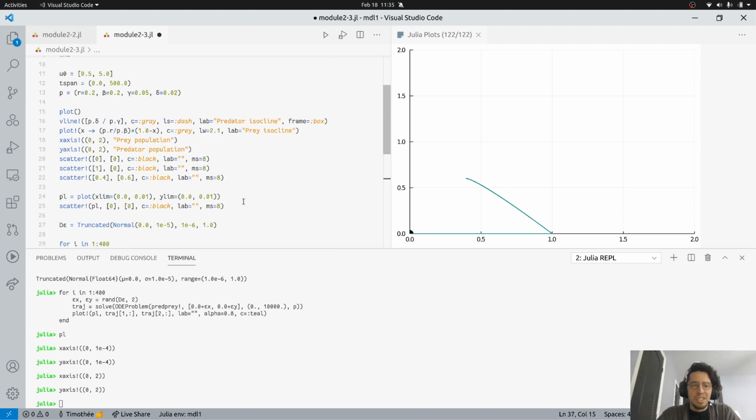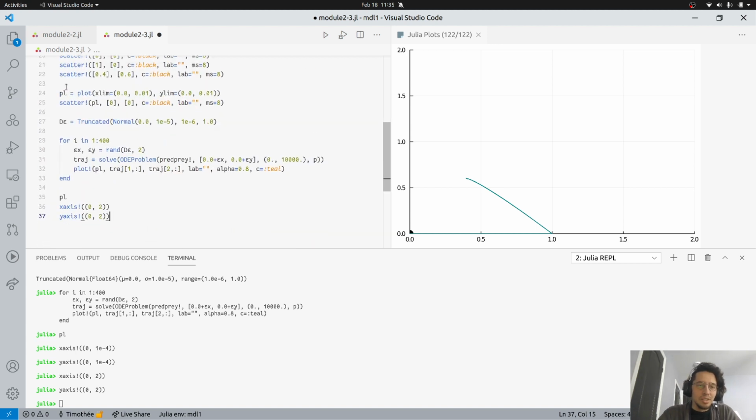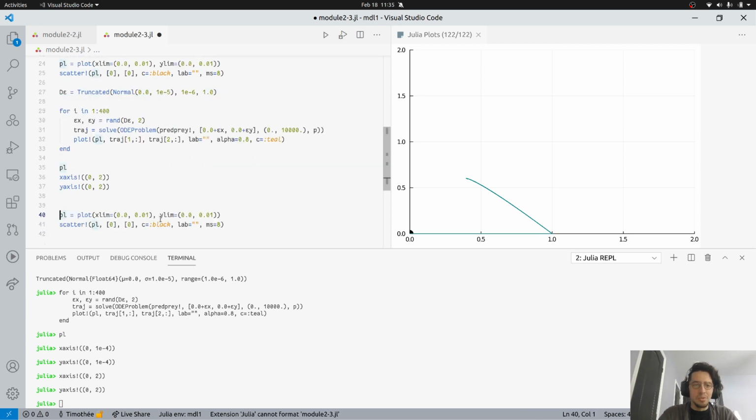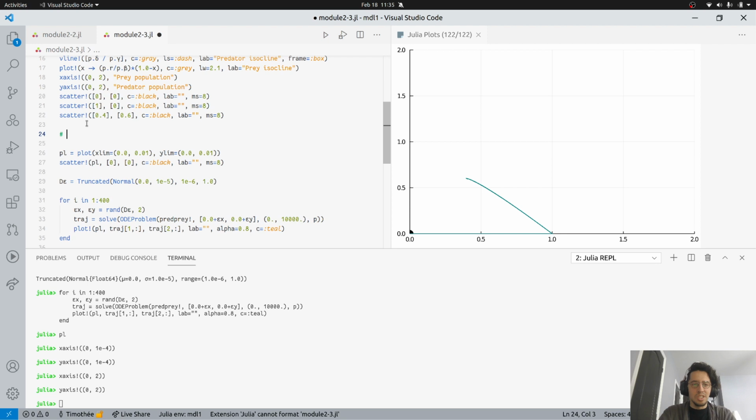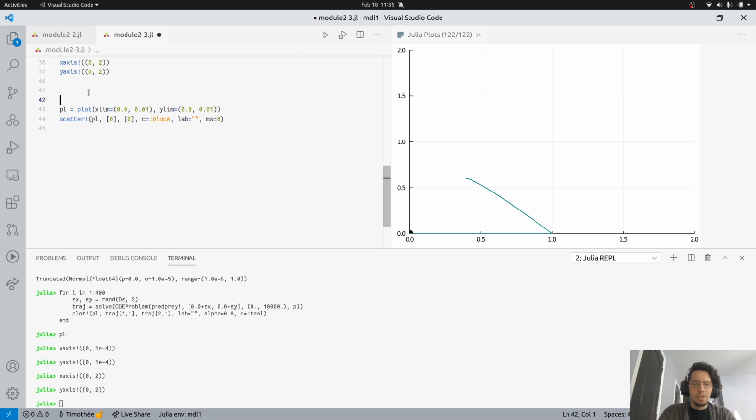The other one is centered on 1, 0. Okay, let me just comment my code. So that is equilibrium at 0, 0. We're going to do equilibrium at 1, 0.